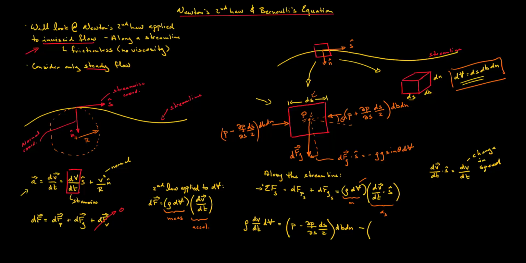If this direction is positive, it's acting in the negative direction: minus P plus dP by ds, ds over 2, multiplied by the area dB dN. And then we also have the gravitational term, which is negative rho g sine of theta dV.